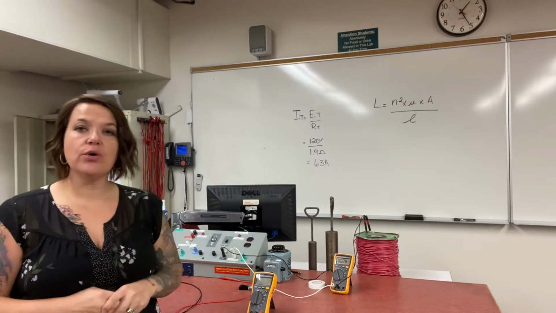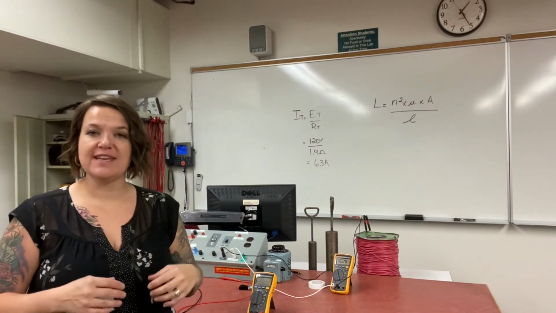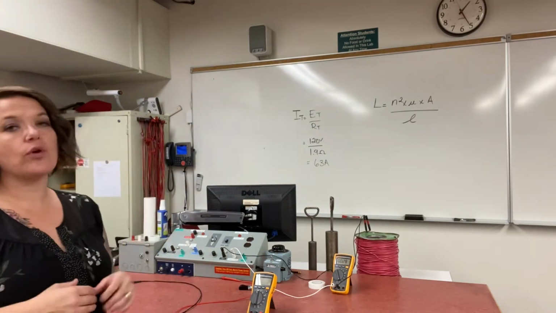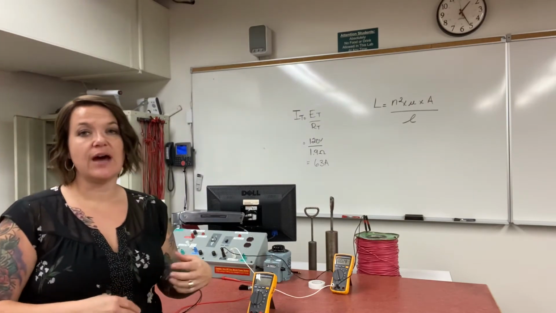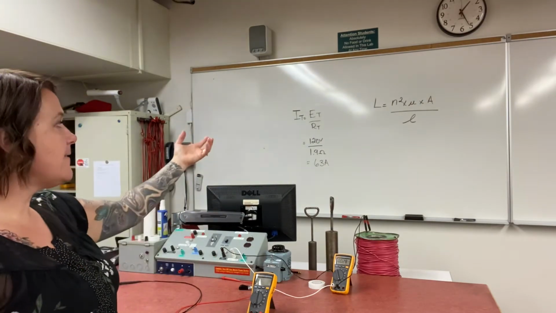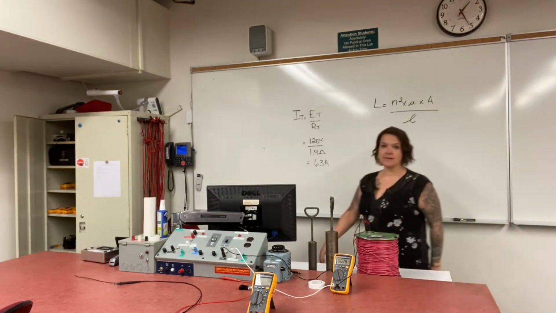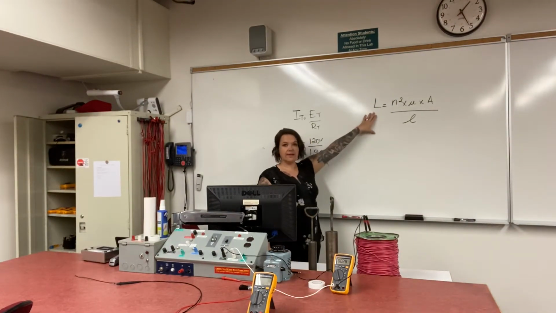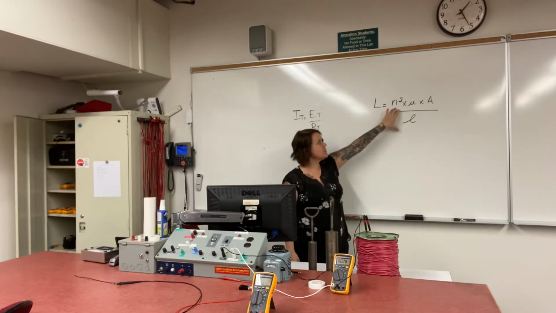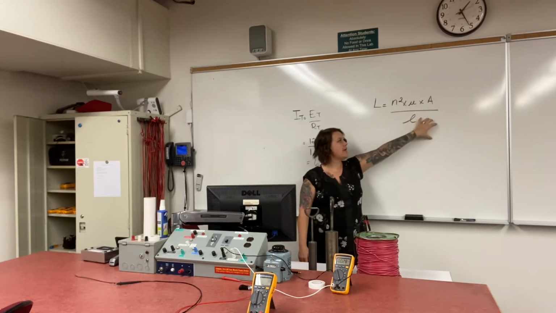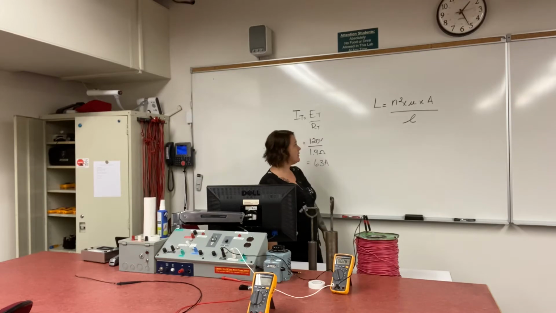So I want to just show you how we're able to change the inductance and then overall show you how that changes our current. If you can see on the board here, I have our formula for inductance, okay? So L, inductance, equals number of turns times permeability times area divided by the linkage path, okay?